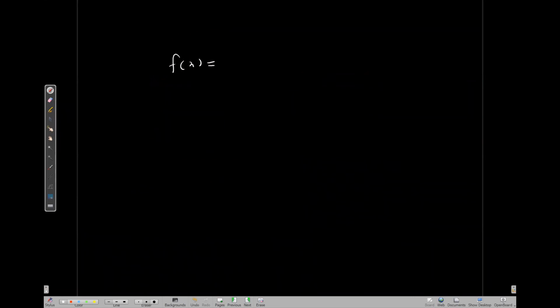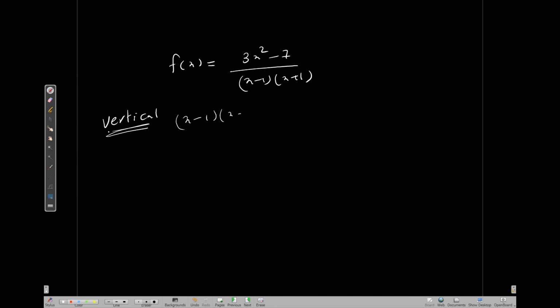Now let's see another example. Let me just write down some example. In this case, for the vertical asymptotes, even without drawing, you set your denominator to 0: x minus 1 times x plus 1 equals 0. So it's going to be x equals 1 and x equals negative 1.